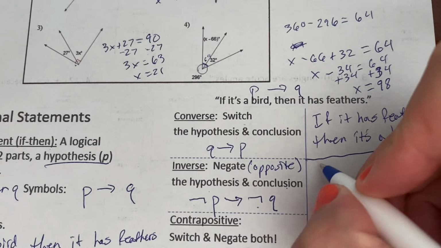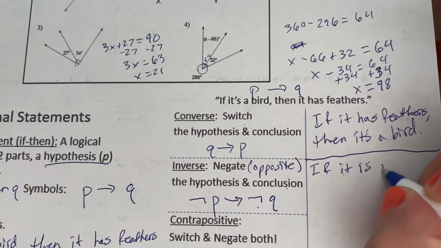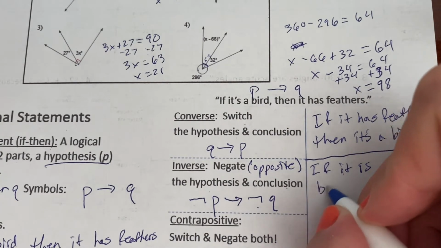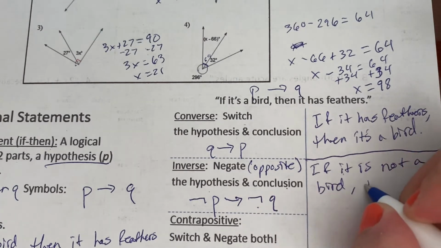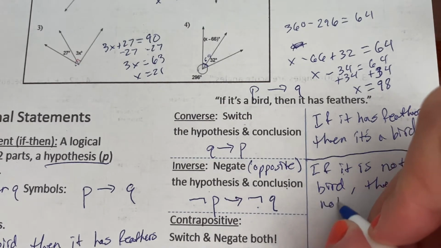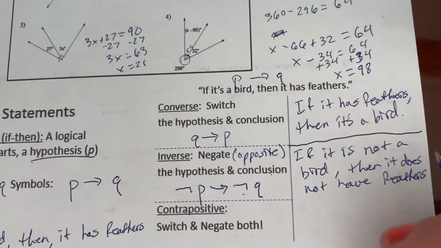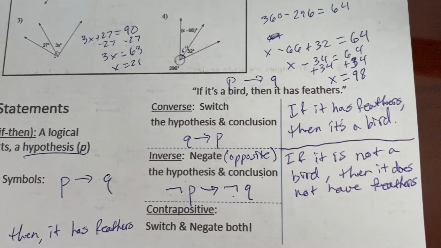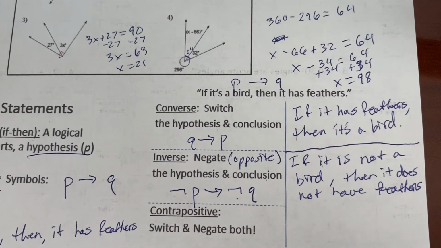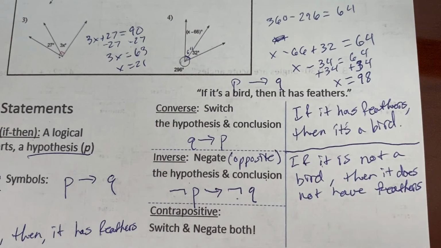Okay, and you'd say if it is not a bird, then it does not have feathers. So we basically just took the original statement and put a not in both places.